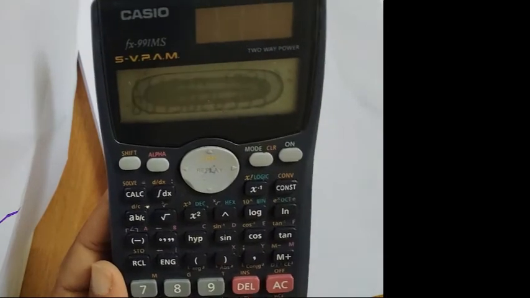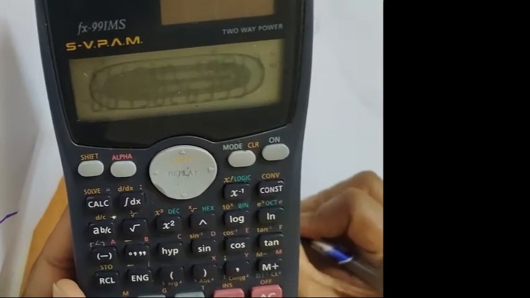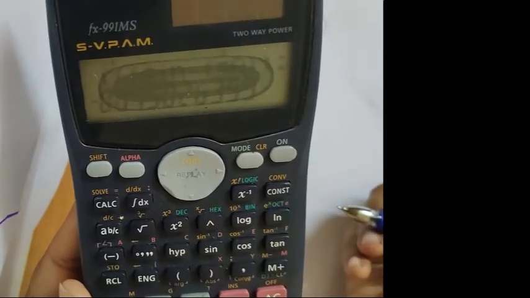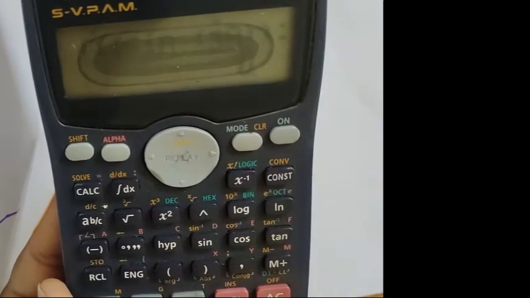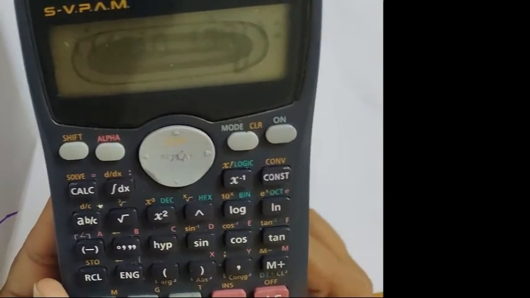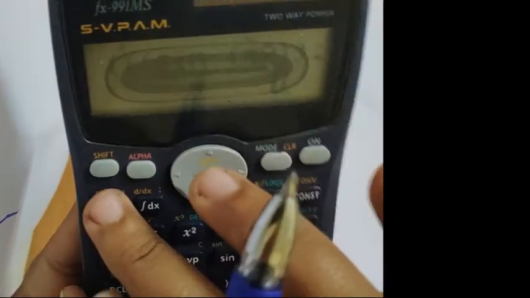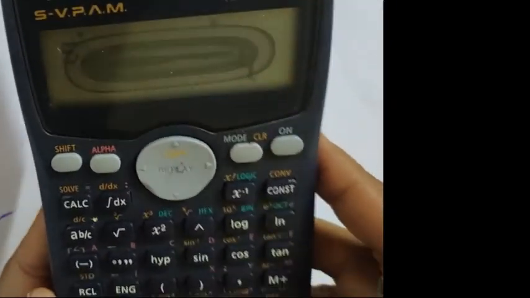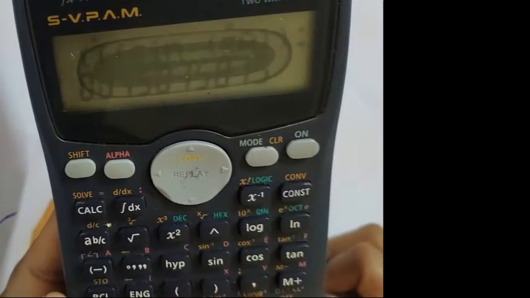You have to press 3 and you will get minus 0.075. Okay. Again, calc 4, h of 4 is equal to 0, and h of 5, you have to find till 5, that is equal to 0.045.